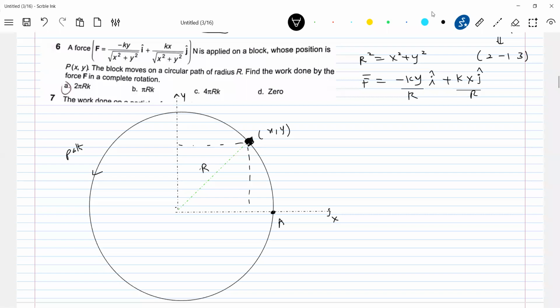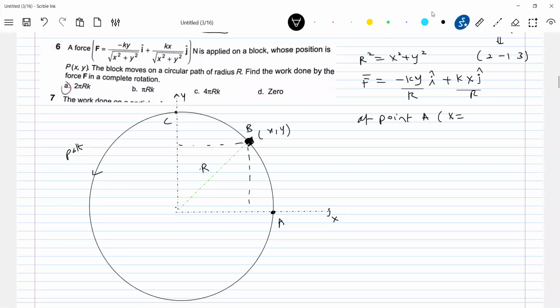Or say put x equal to r, y equal to 0. Tell me how the force is acting. So let me define points A, B, C. At point A, what are the coordinates?